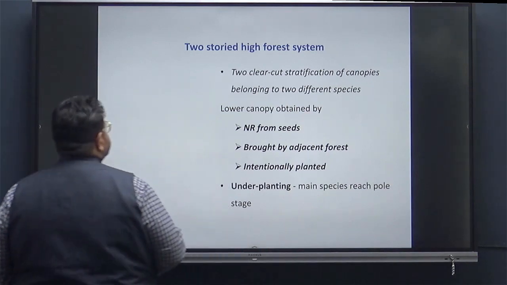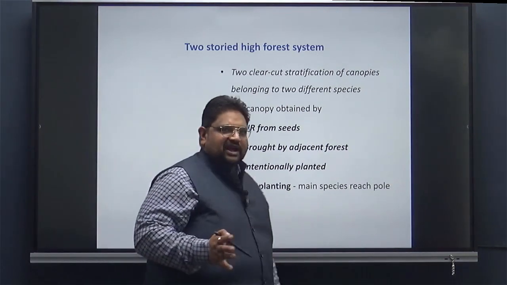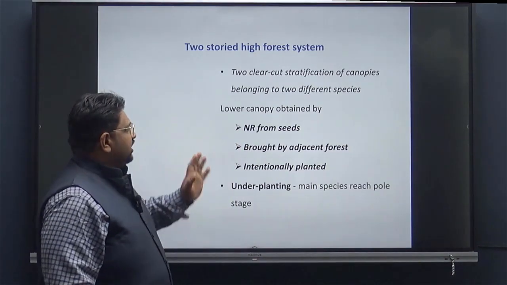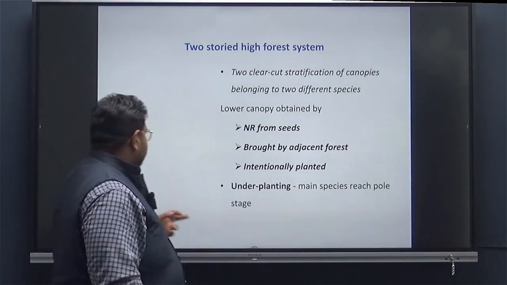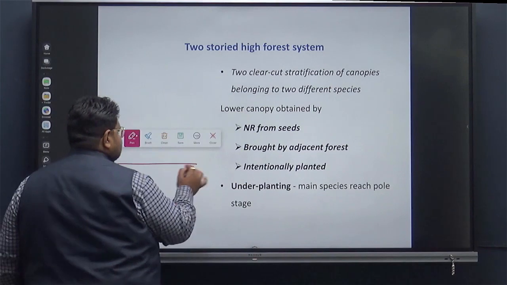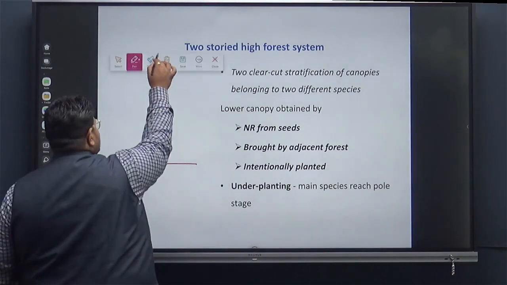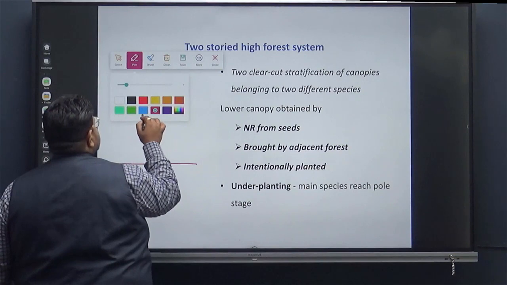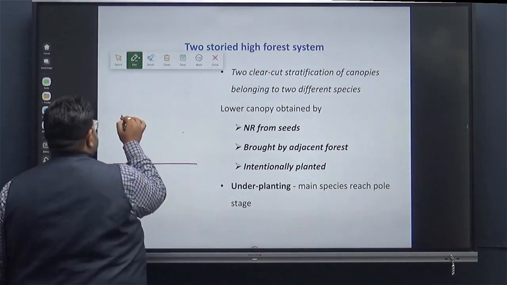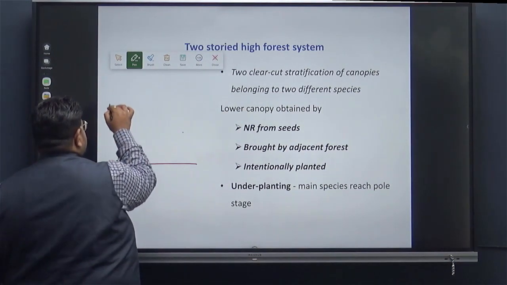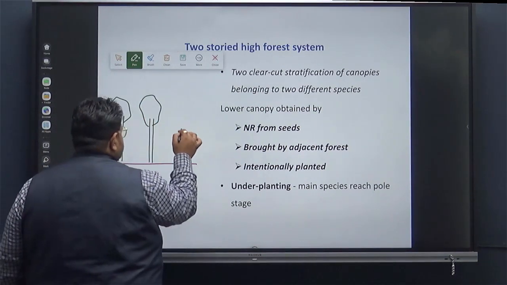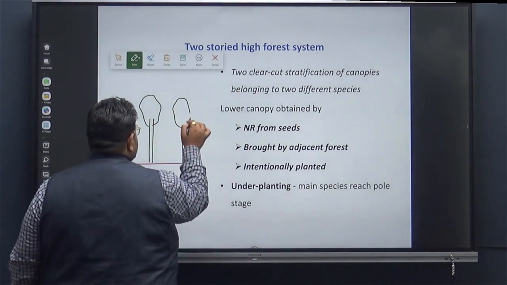Two-storied high forest system. Basically, in the two-storied high forest system, there are two clear-cut stratifications of canopies belonging to two different species. There will be one set of forest which would have initially established, which we call the higher canopy. So this is one set of trees at the higher canopy.